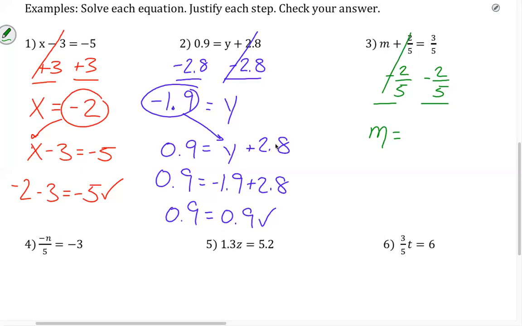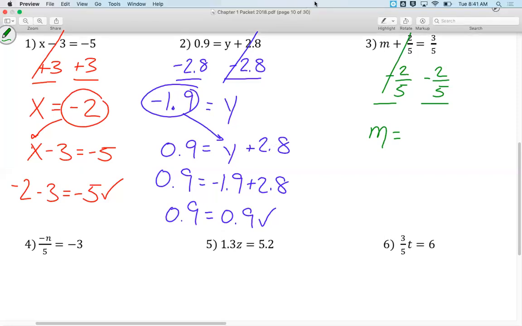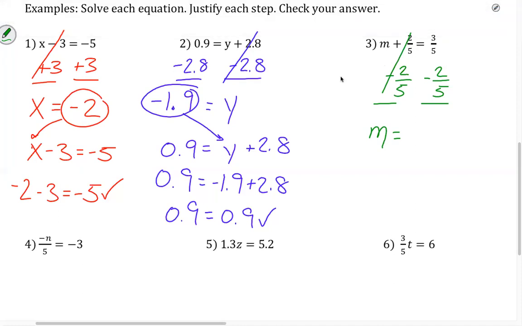Ronan, what is 3/5 minus 2/5? 1/5. And there we go. Nicely done. When we have common denominators, I can just subtract the numerators and go from there.